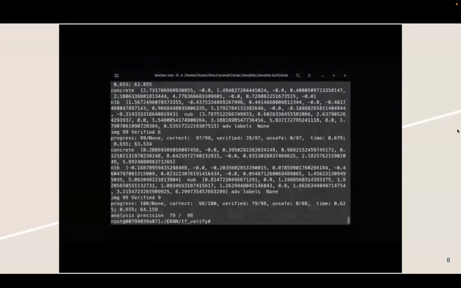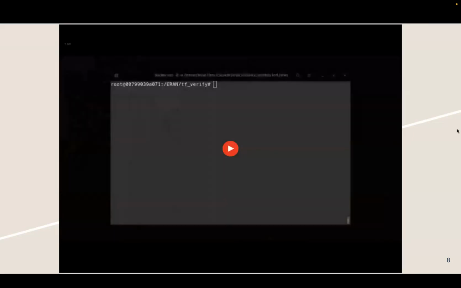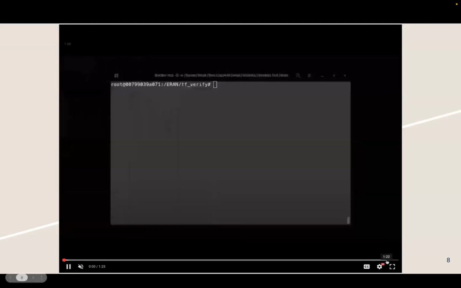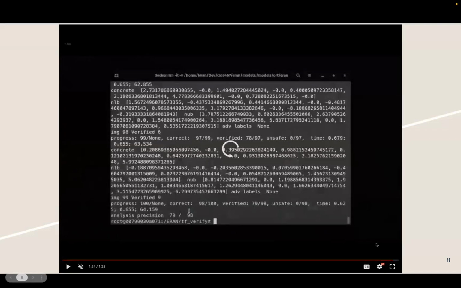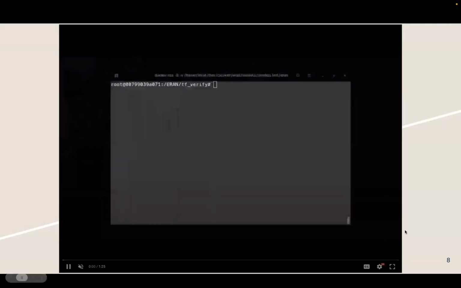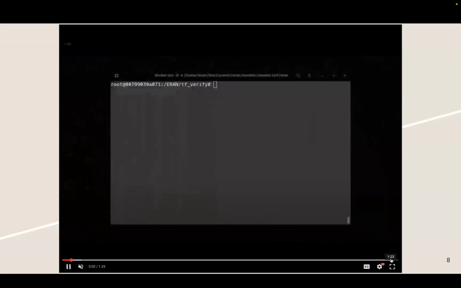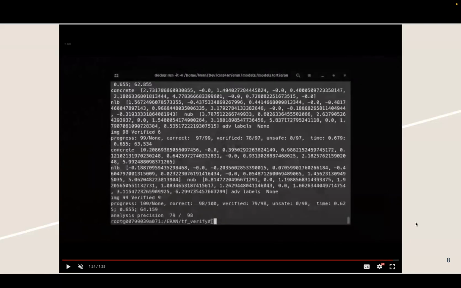So we can see for this particular model, it went through and correctly identified about 98 of the 100 images, and was actually able to verify only about 79. So that's saying that the other couple of the 10 or 20 didn't pass the perturbations. So we can't necessarily say that the model will always get those ones correct with that level of perturbation.